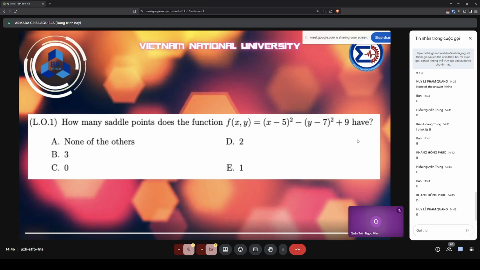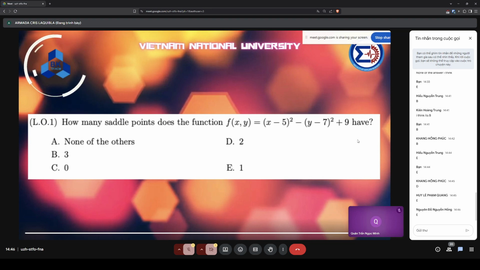Is it 3, 0, 2, or 1? Class, that question is very easy.